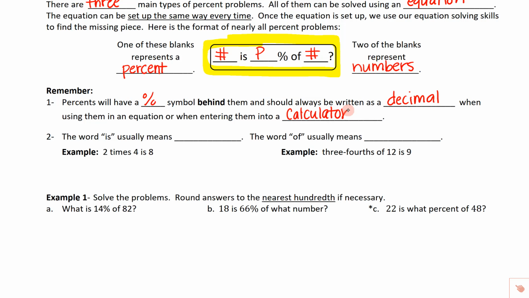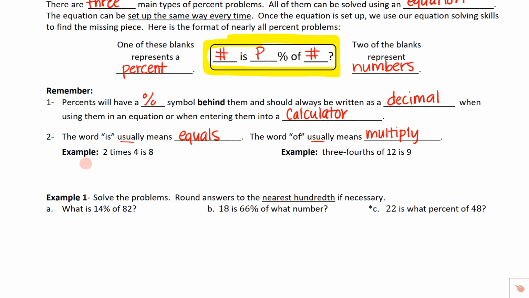And we practiced that in our warm-up above. Another thing to remember, the word is usually means equals. And the word of usually means multiply. In most cases, yes, and that's why we're saying usually. Not in all cases, though, so we need to be careful and understand what the problem means.